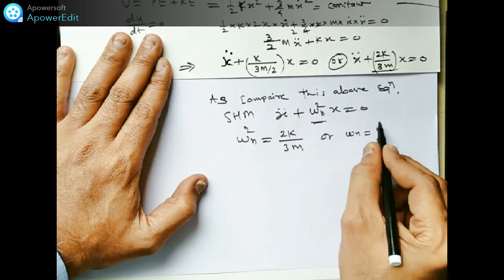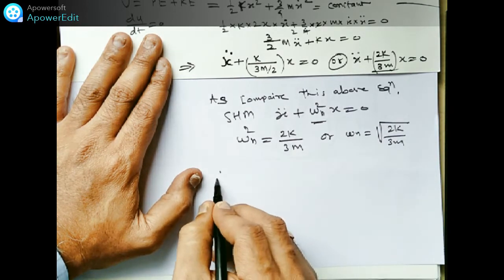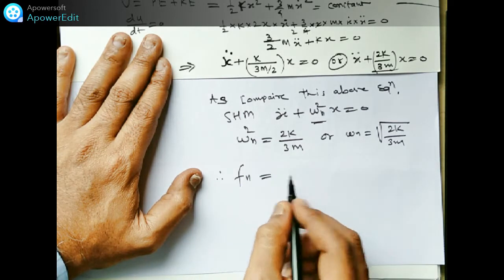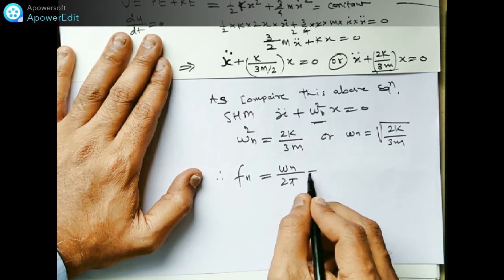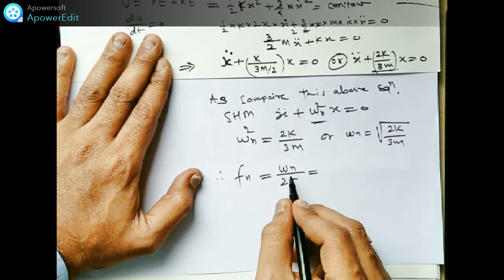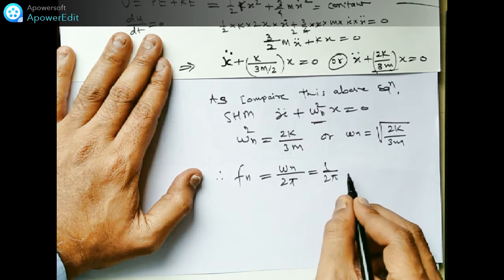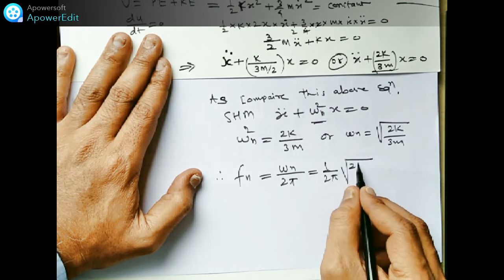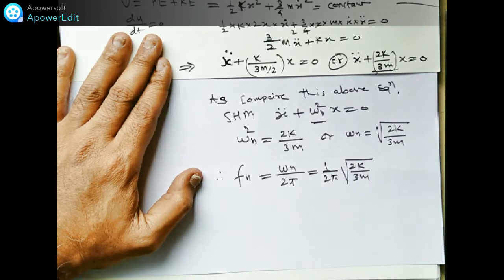Therefore, Fn is equal to omega n by 2 pi. Putting the value of omega n, we get 1 by 2 pi times the square root of 2K by 3m. This is your final answer, which we have derived.